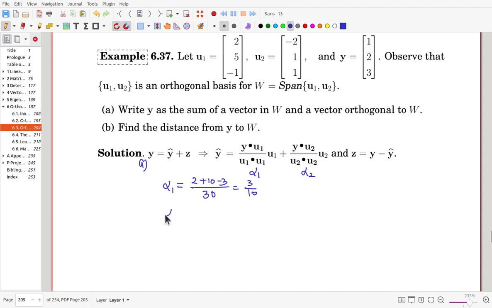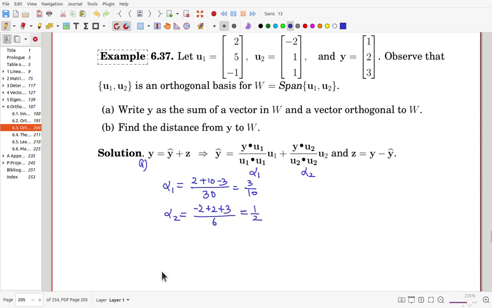Now alpha 2, along with u2 we have to do it. That is minus 2 plus 2 plus 3 divided by u2 dot u2, 4 plus 1 plus 1, that is 6. So that is a half.